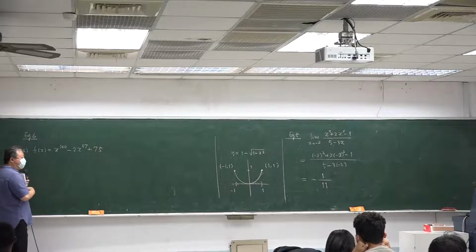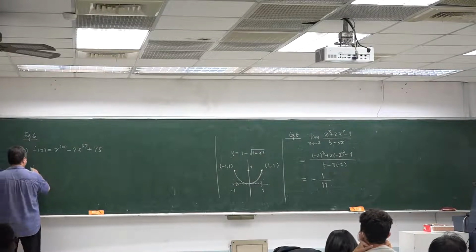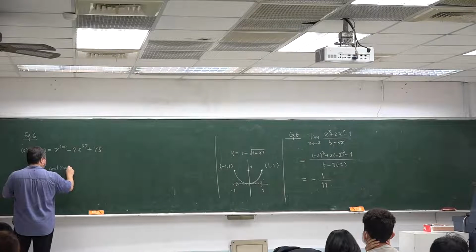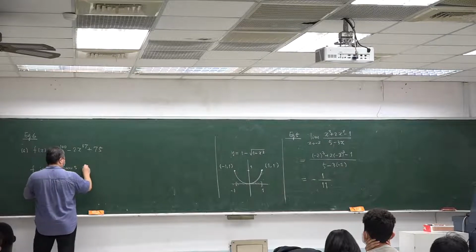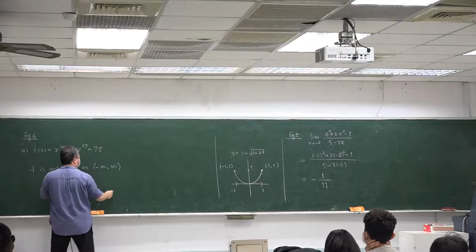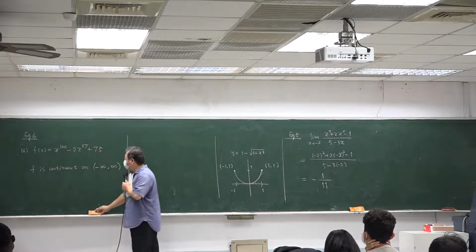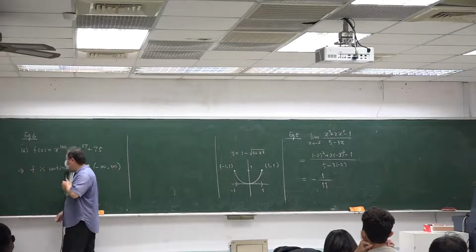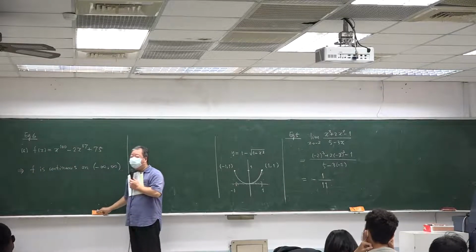This function is a polynomial function. It is continuous everywhere. So, in terms of intervals, the reason is f is a polynomial function.